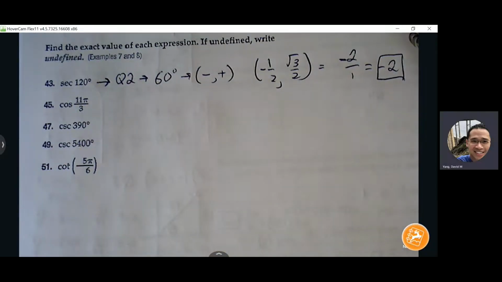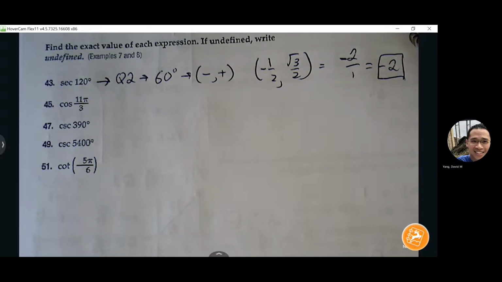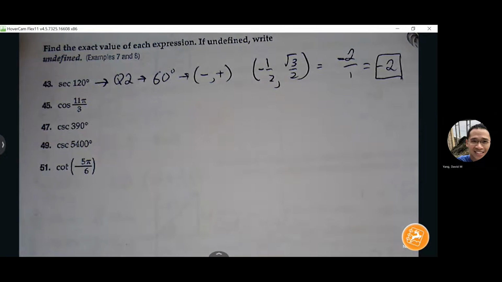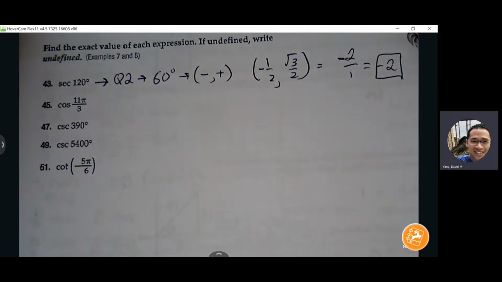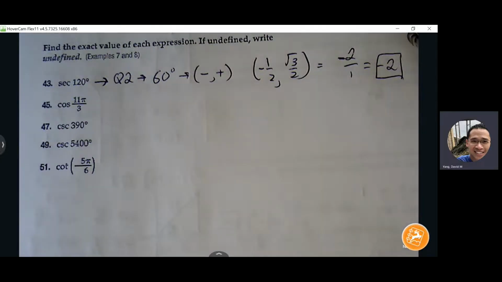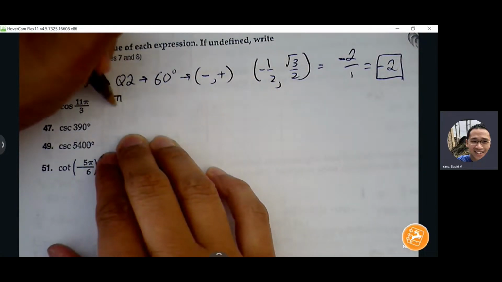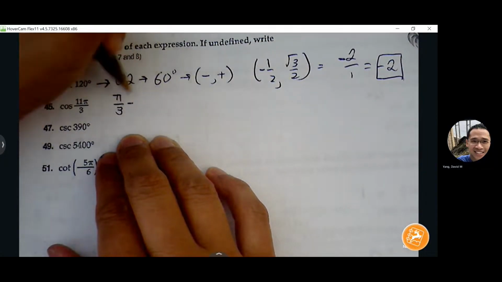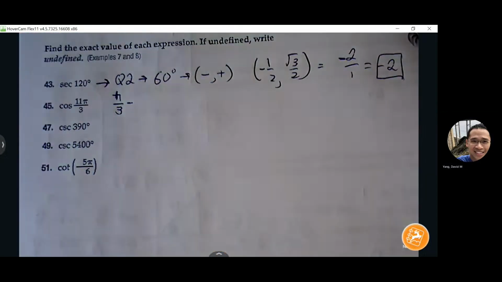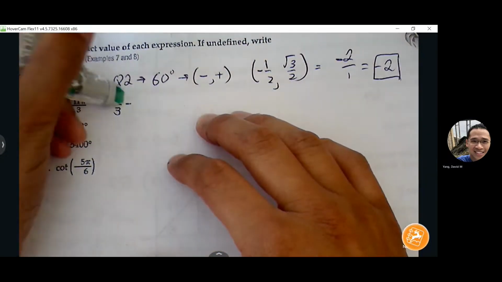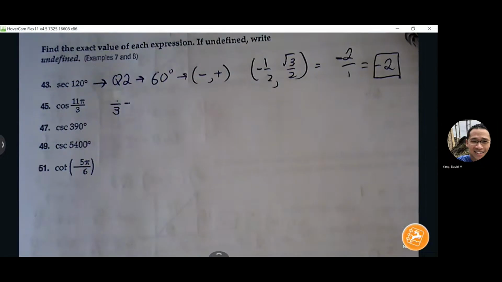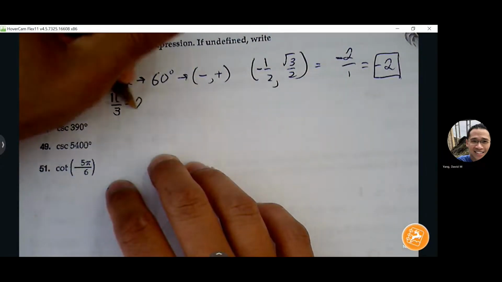Okay, 11 pi over 3, is that between 0 and 2 pi? A little bit more than 2 pi. So that means it's wrapped around the circle more than once. So what can I do to get into our range? Yeah, so subtract 2 pi.